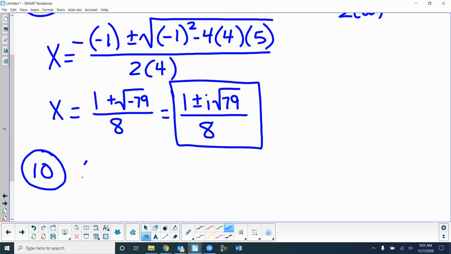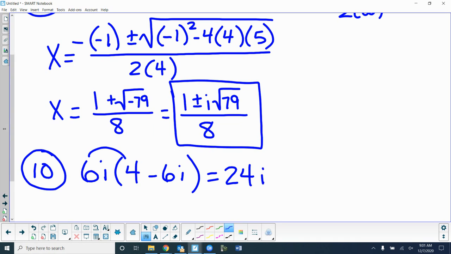Okay, number 10, you guys know how to distribute? All right, so 6i times 4 is 24i, and 6i times negative 6i is negative 36i squared. Remember, i squared equals what? Negative 1.